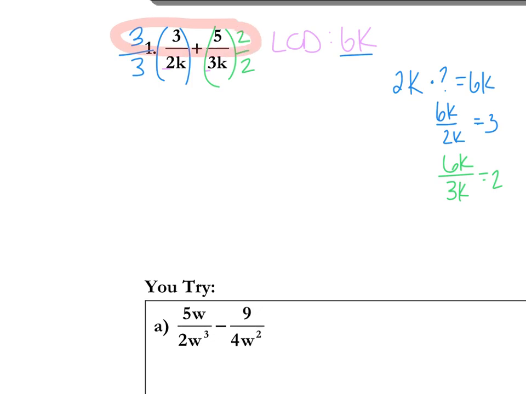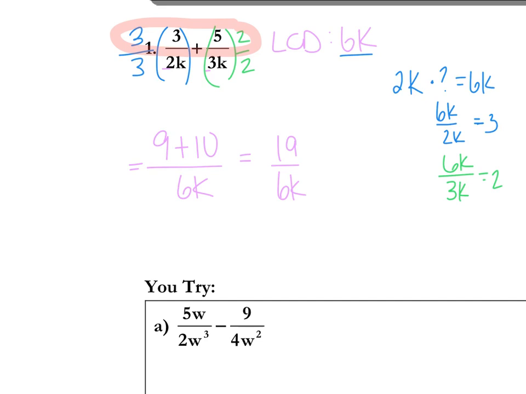So this gives me 9 plus 10 over 6k. Okay, now combine the numerator. 19 over 6k, nothing can cancel. One common mistake that students make is that they try to cancel this 9 and the 6. You're not done combining like terms here. You have to do that first in order to see if you can simplify afterwards.